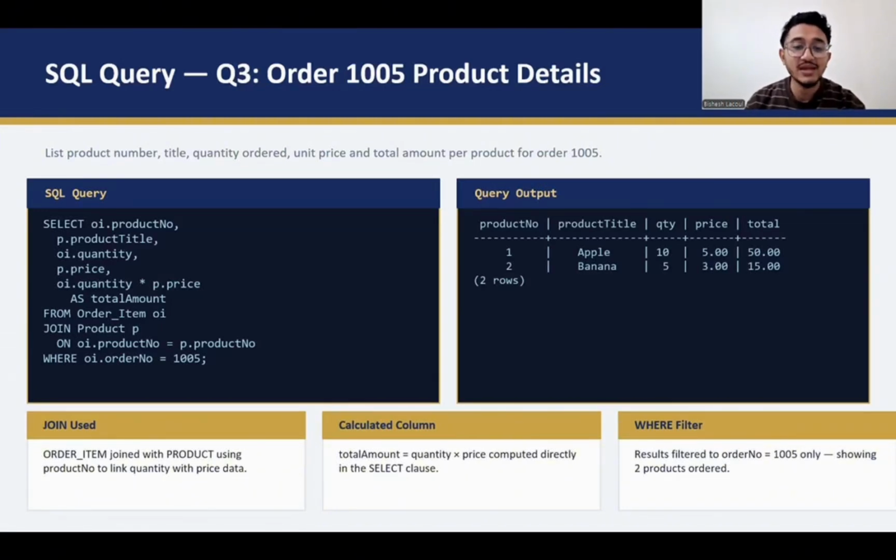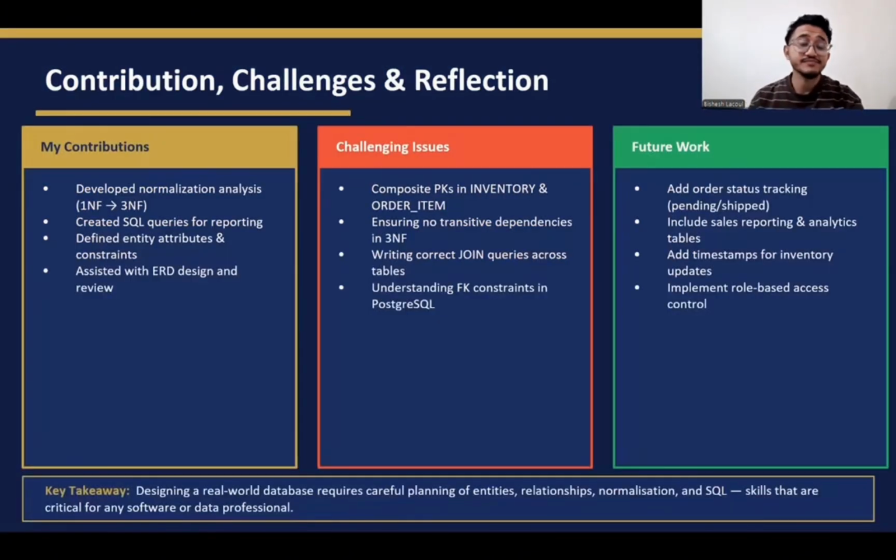I also used a calculated column, that is quantity multiplied by price, and gave it the alias total amount using the AS keyword. And on the right side, I have the query output of this query. Okay, moving to the next slide.